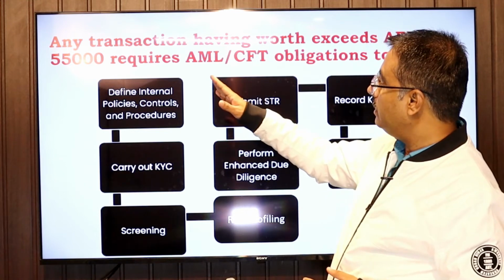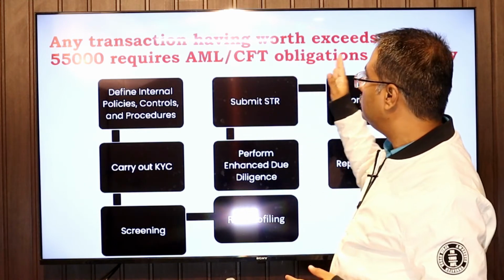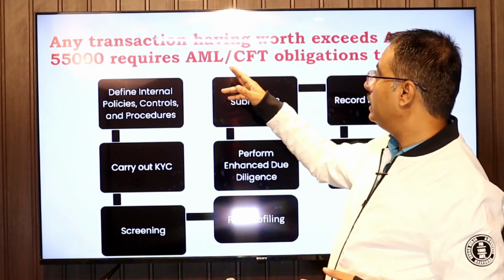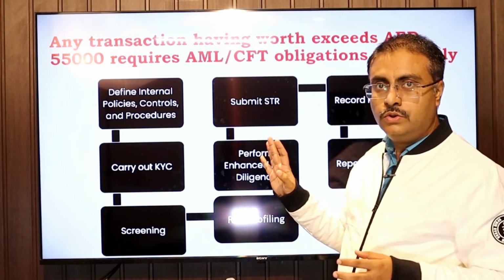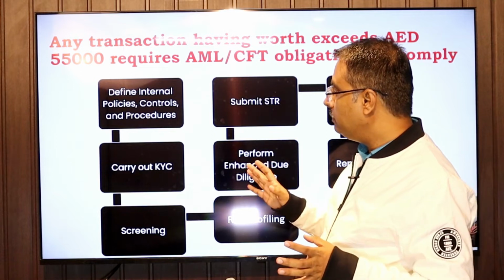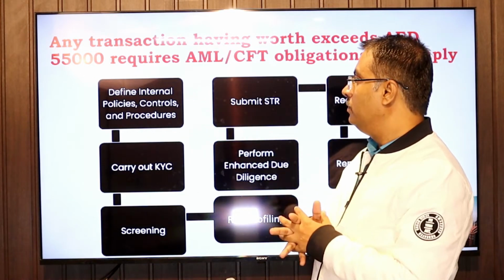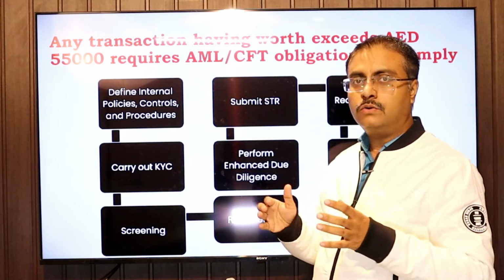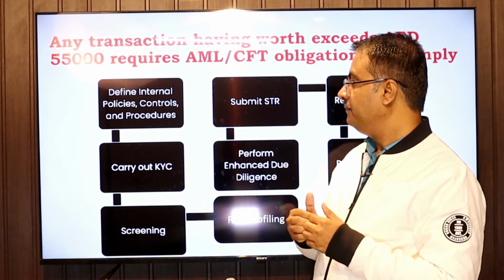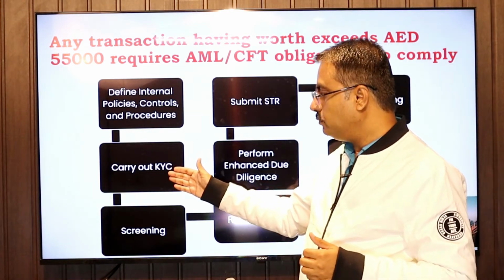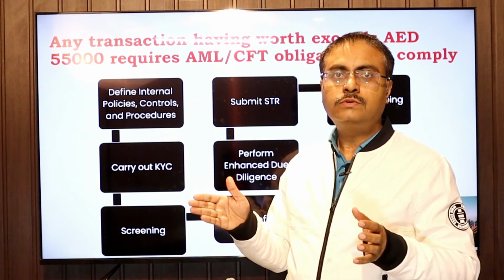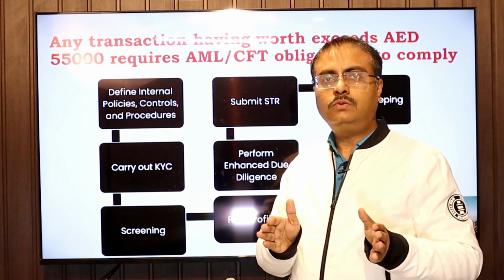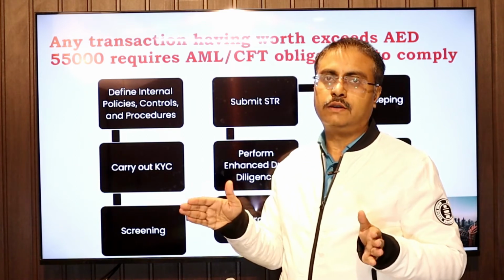Any transaction worth more than 50,000 dirhams requires AML CFT obligations to be complied with. So as an organization, first of all, we have to make a policy and control procedure for AML. After that, we have to take KYC from the customer, whether onboarding or ongoing customers.